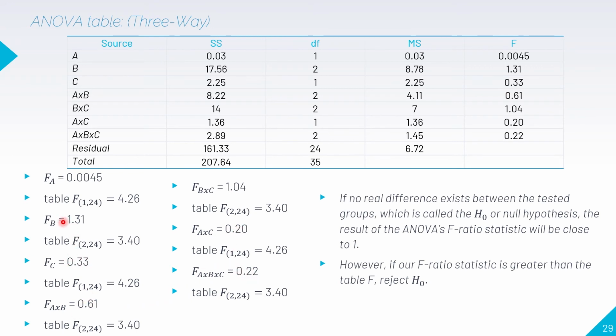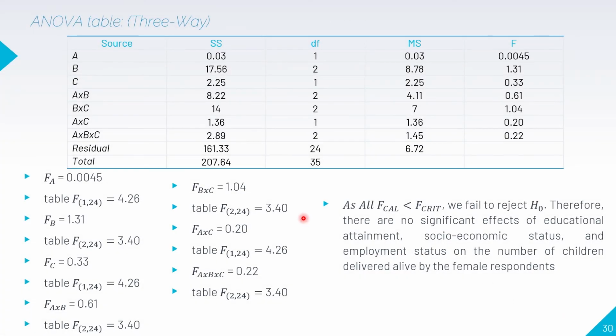So in this case, as all our F-cal, these are calculated F's, are less than their F criticals, we fail to reject the null hypothesis. So for all of these, we fail to reject the null hypothesis.